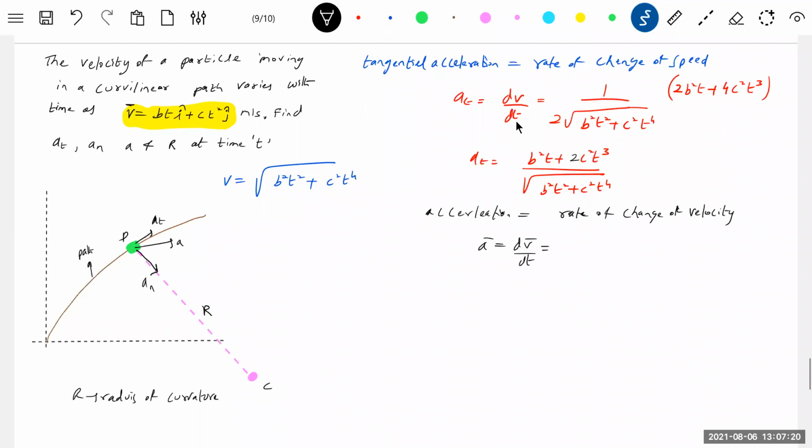We differentiate this equation, so this will become b i cap plus 2ct j cap. In circular motion, what is total acceleration? A square equals an square plus at square. What is a square? The magnitude of this, which is b square plus 2ct whole square.